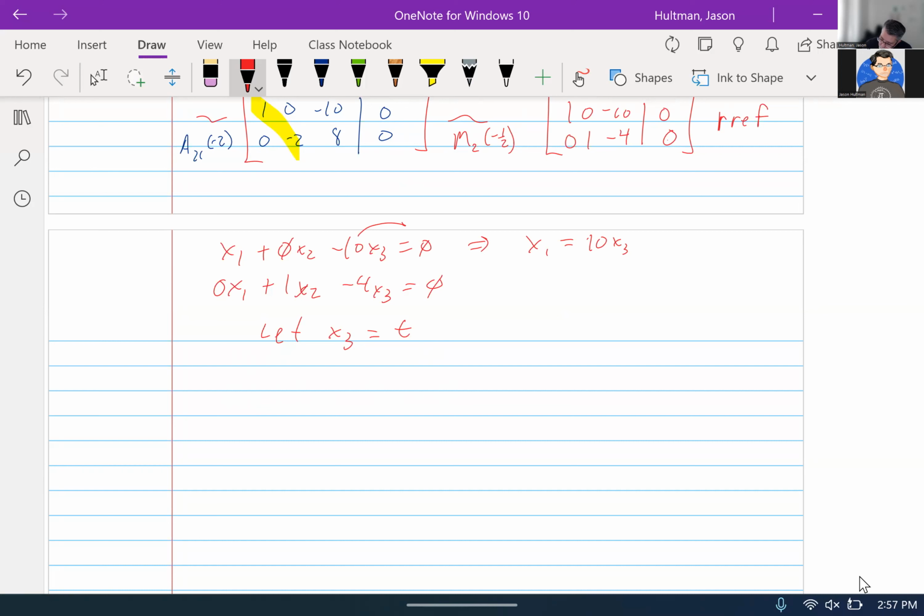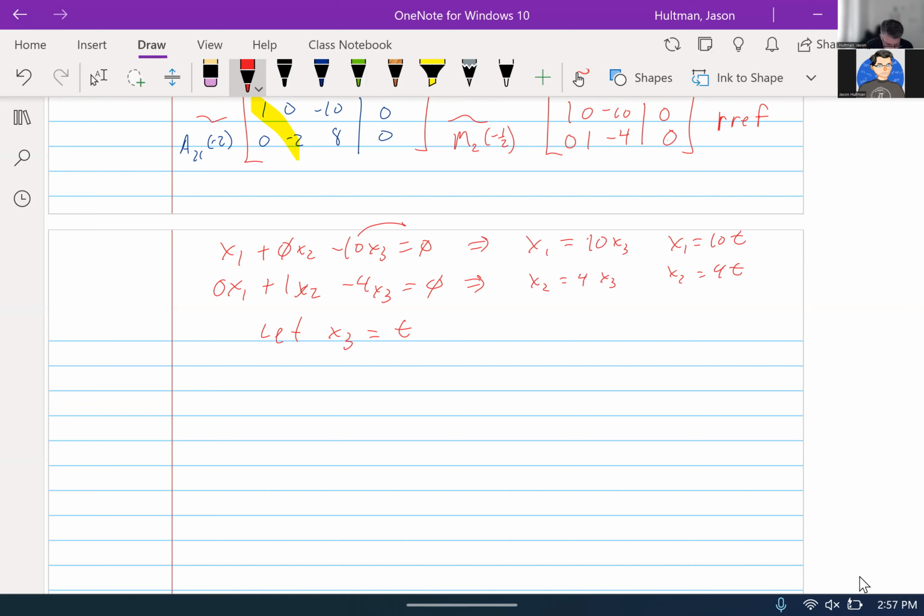But x3 we're letting be t, so we can now write x1 in terms of t. x1 is now 10t. We can do the same thing with the second equation and say that x2 is equal to 4 times x3, and so x2 is equal to 4t.